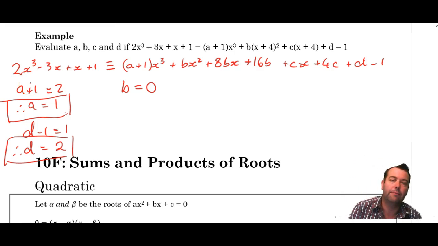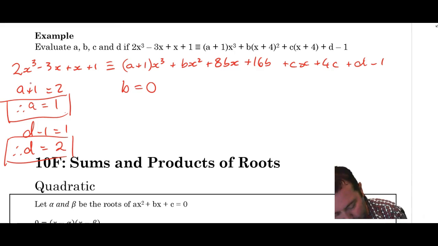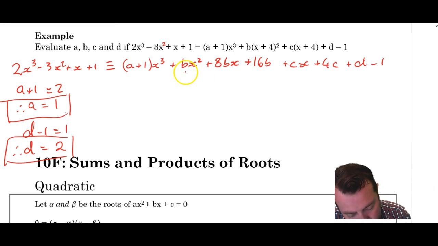There's a mistake there, isn't there? That should be minus 3x squared, I think. Let's tidy this up. I'm going to change that question because I'm pretty sure there should be a little 2 there. Oh, that's a typo in my notes. I'll have to fix that up. Now if we look at the x squared coefficient, I've got a bx squared here. That's the only x squared term on the right, and there it is on the left.